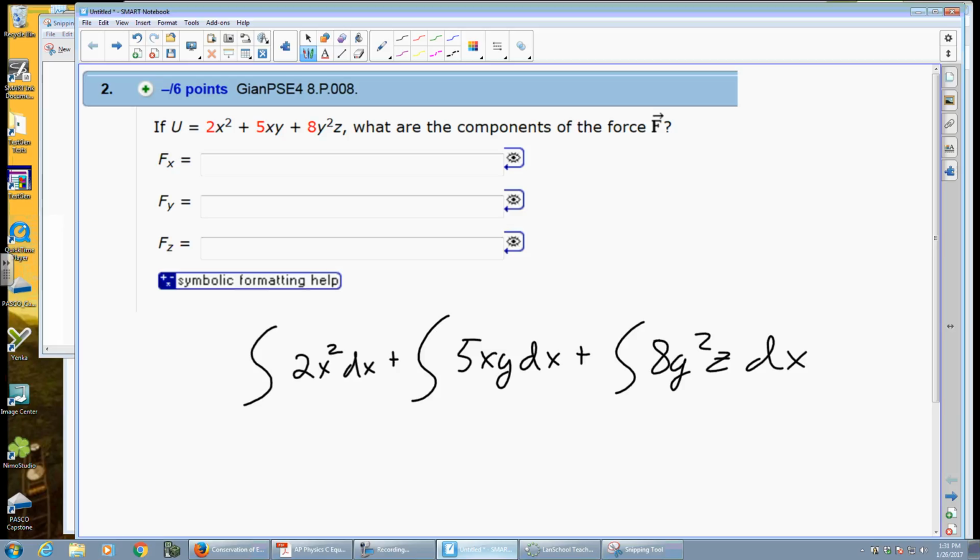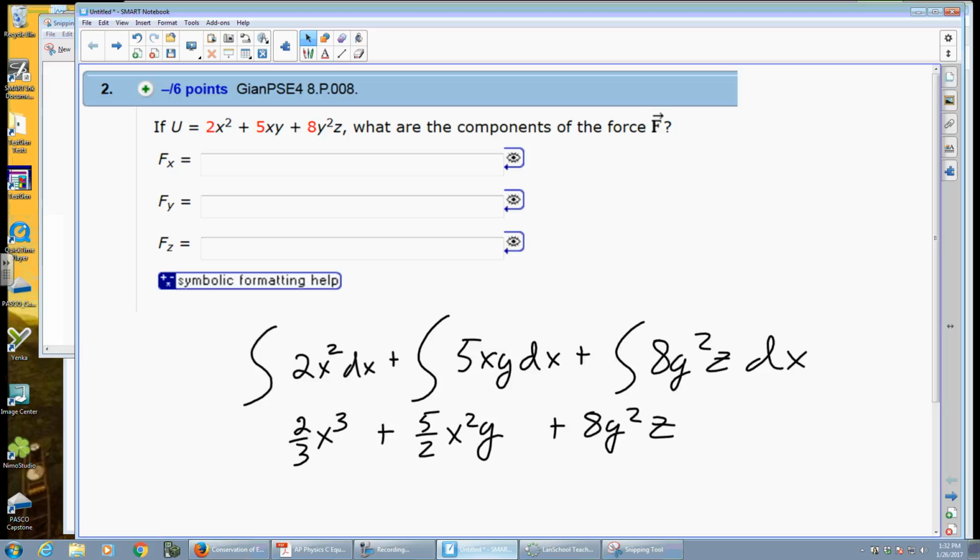Just integrating each thing separately. So here I'm going to have 2/3 x cubed plus 5/2 x squared y plus 8y squared z, doing it with respect to x. Because they're not changing, they're not influencing any change in that direction, because they're perpendicular to the other two. So they're constant in the x direction.